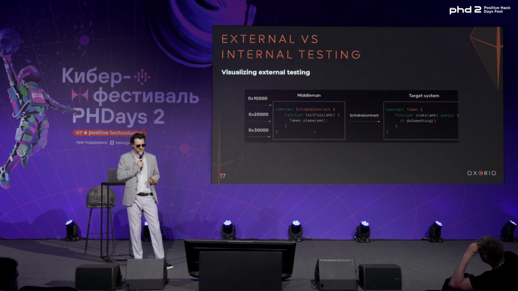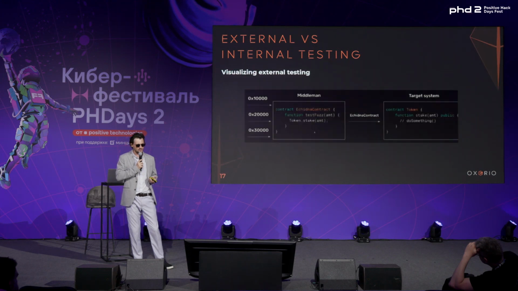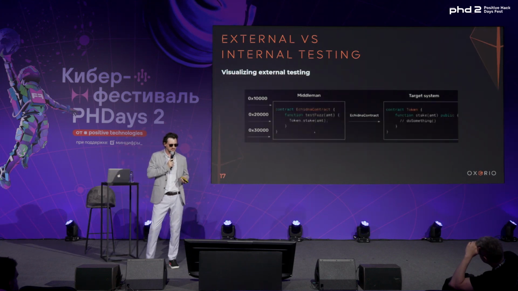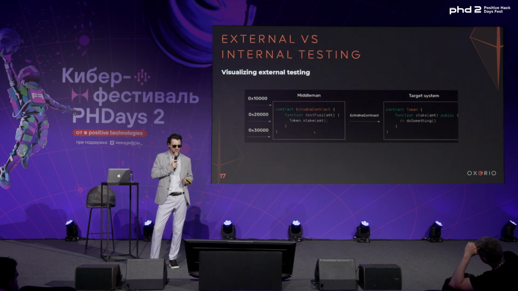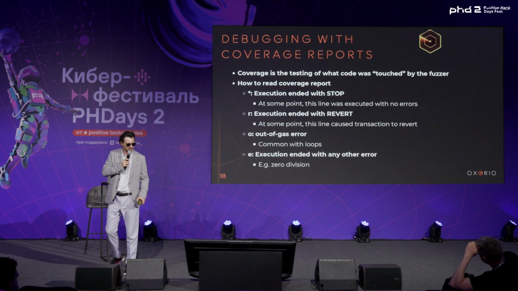Here we can see that the message sender will not be kept. In Echidna we did have the same message sender, which worked from the Echidna contract. Now we will call token stake, and the Echidna contract will be the sender here. So it complicates the testing process, making it more difficult, but this is what we have to deal with.